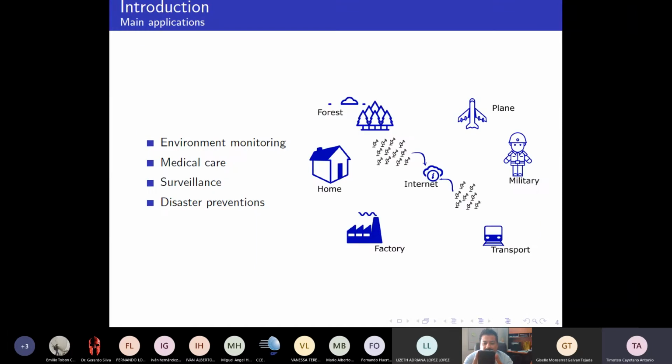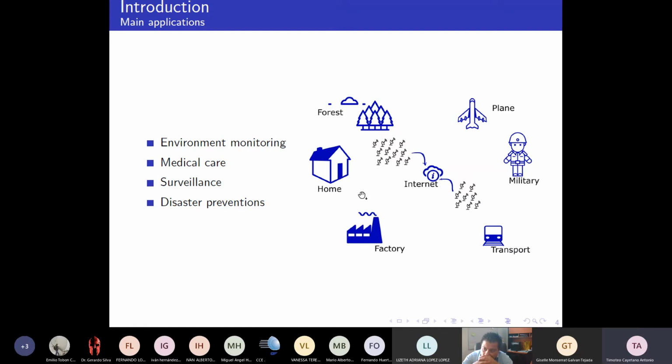The main applications of these wireless sensor networks are shown in this slide, and we mention some of them: the forest, the plane, home, factories, and transport.